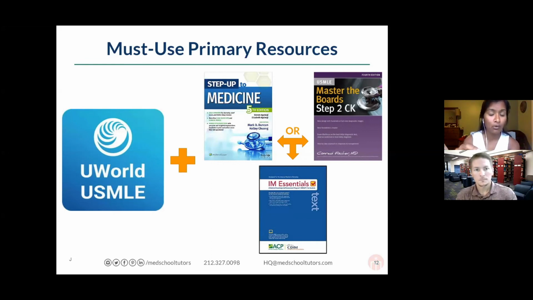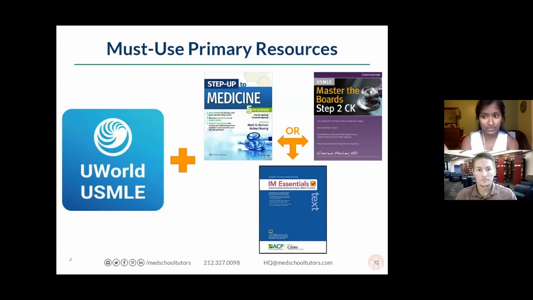It has a lot more of the random trials in cardiology that some of the cardiologists like to talk about, and a little bit more detail than you would need on the USMLE exam, but would be great for your actual clinical rotations, versus Master the Boards, which, as stated, is a little bit more boards focused. So it has more of an overview, more of the general broad strokes. Not to say it's not a great resource. It has a lot of great information, but a little less nitty-gritty as far as the details.